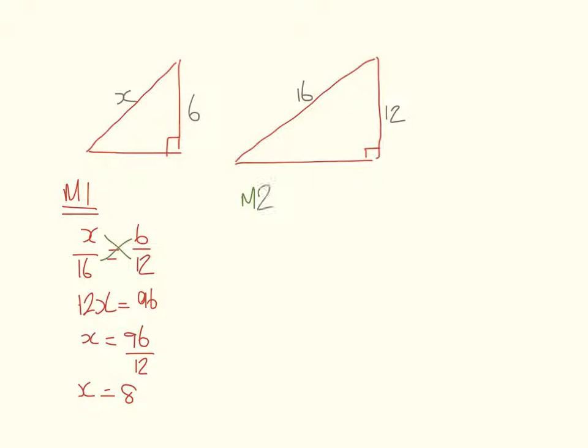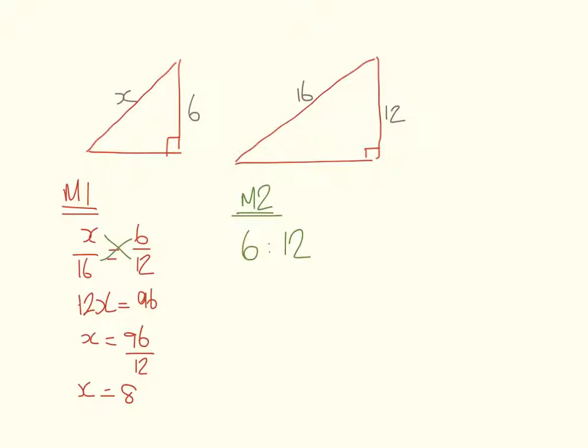Method 2. We can use this method because it's pretty straightforward. I will use the method of using a ratio. For my corresponding sides, this as a ratio to that will be 6 to 12.